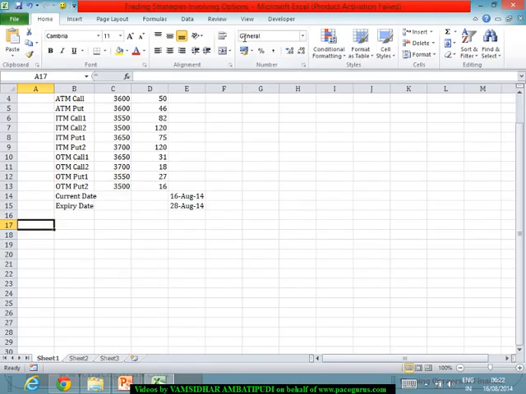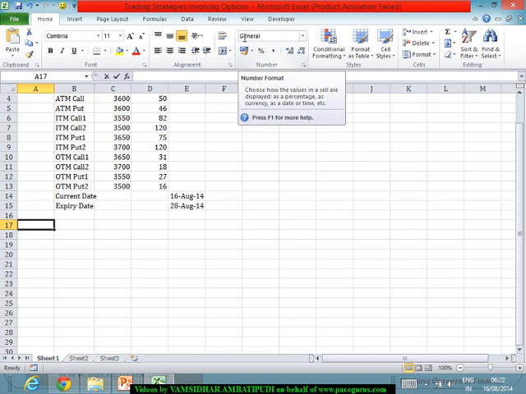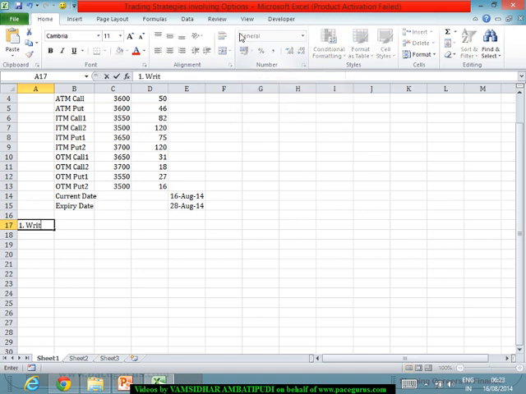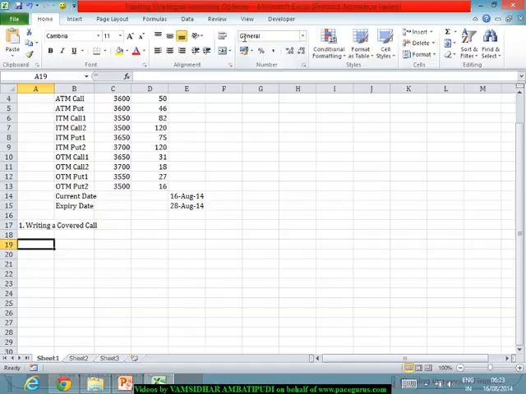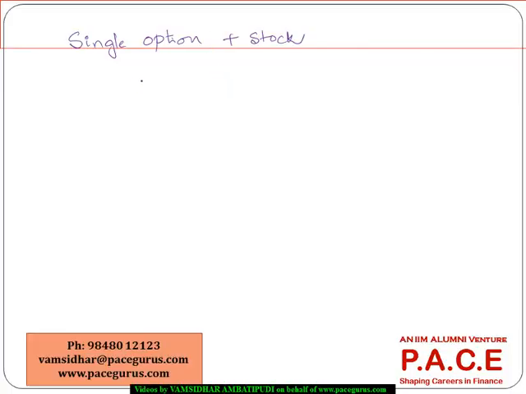Right, so the first strategy which I am talking of is writing a covered call. When I say writing a covered call strategy, we are talking about a long position in the stock plus a short position in the call.